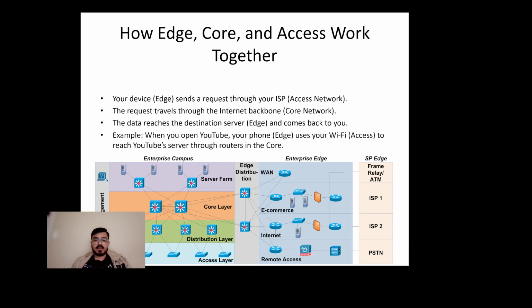Third, your data travels through the core network across routers and cables until it reaches the destination servers. The response travels back the same way. When you open YouTube, your phone means edge, Wi-Fi router means access, internet backbone means core, and the YouTube server is edge again. You can see here how it can be passed.